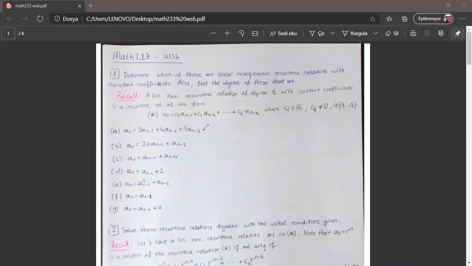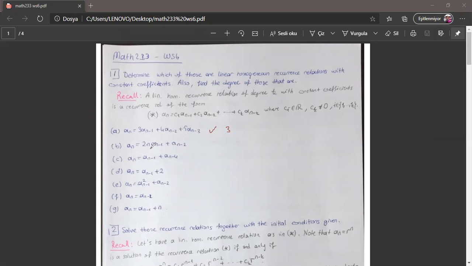So it is linear and homogeneous. What's the degree of this relation? It is 3, because here we have n minus k, the least index, so we have 3 here. So the degree is 3.